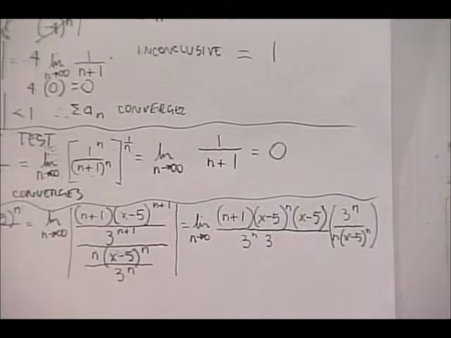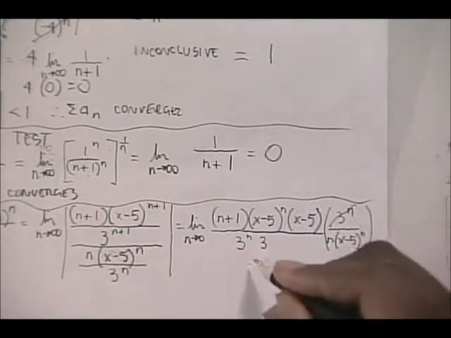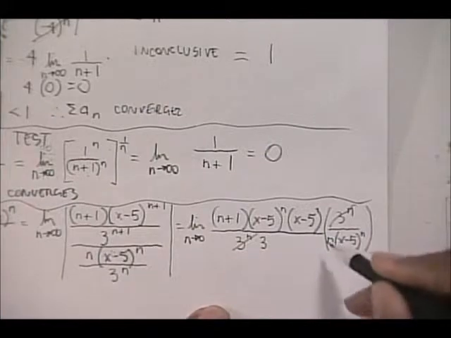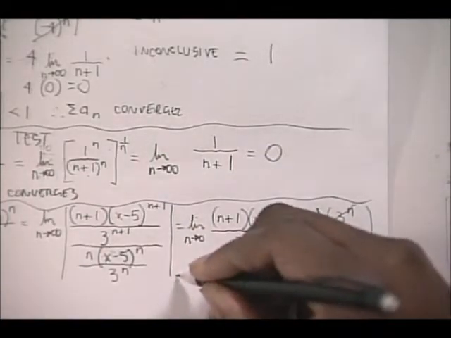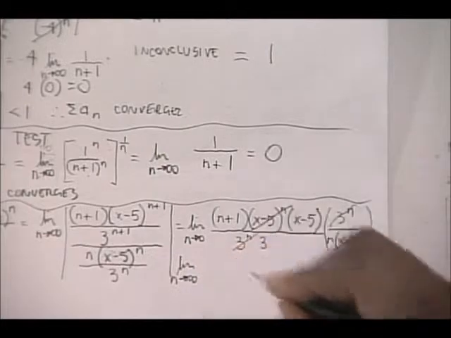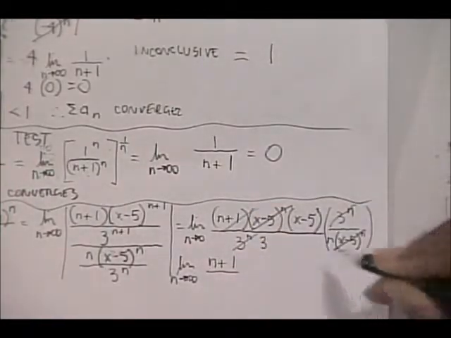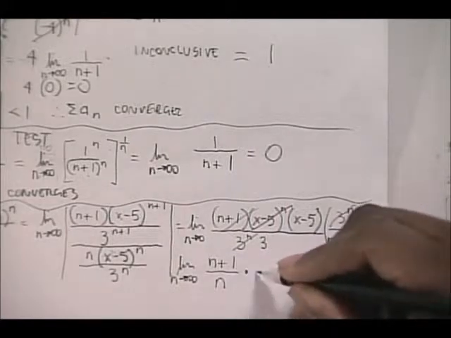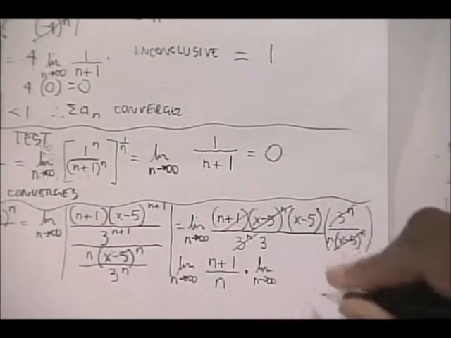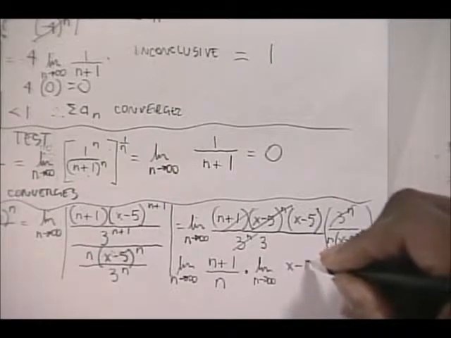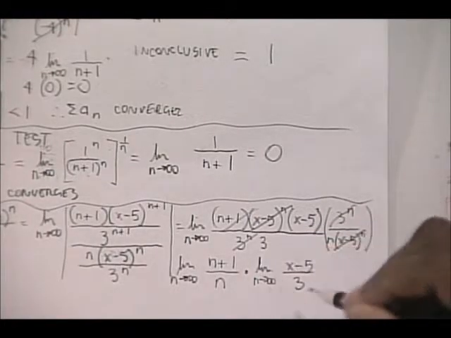Like in the previous problem, there is a lot of cancellation. The 3 to the n cancels and the (x minus 5) to the n cancels. Now you have the limit of (n plus 1) over n, times the absolute value of (x minus 5) over 3.